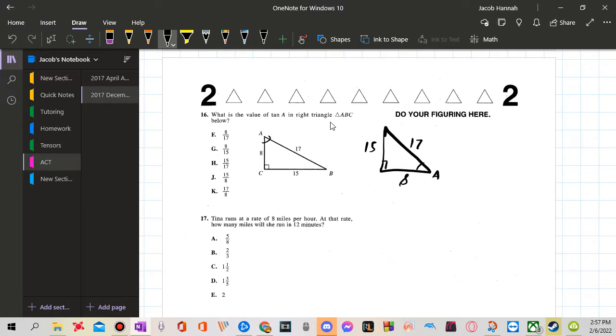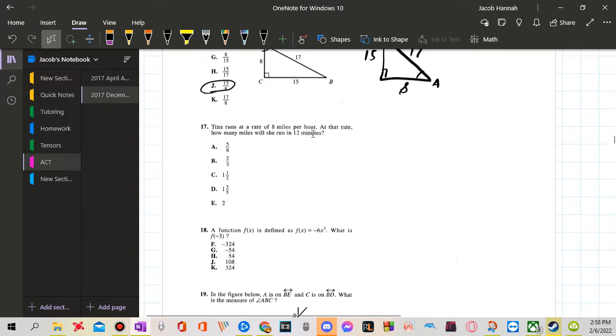There we go. So tan of A is sine over cosine, and also opposite over adjacent. So tangent of A is 15 divided by 8, and that's our answer.